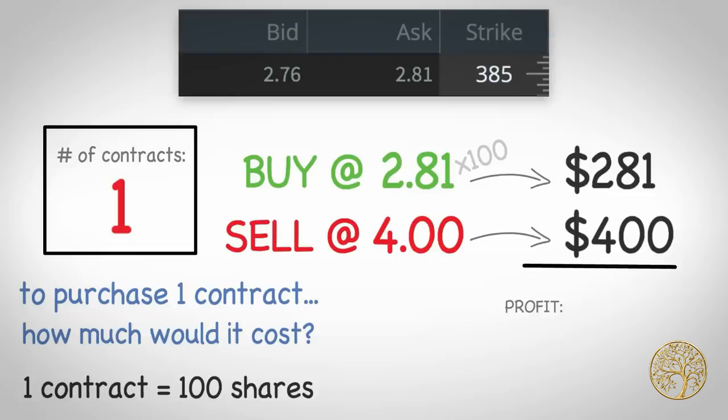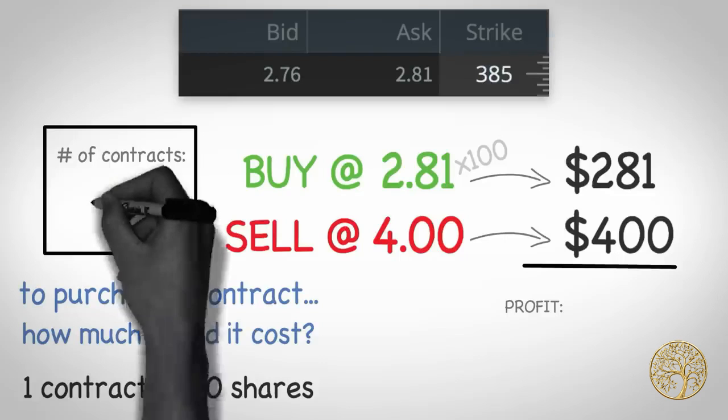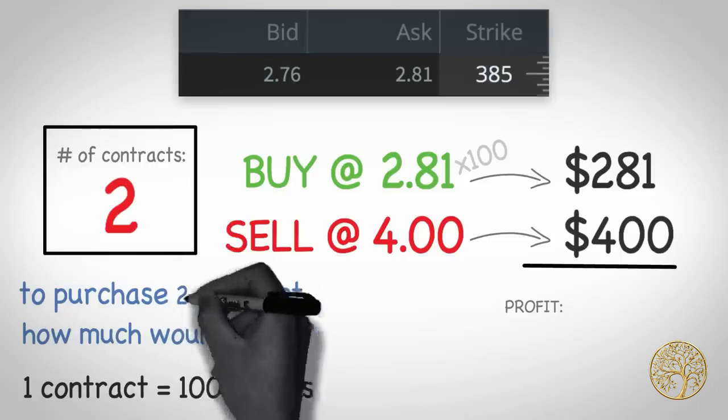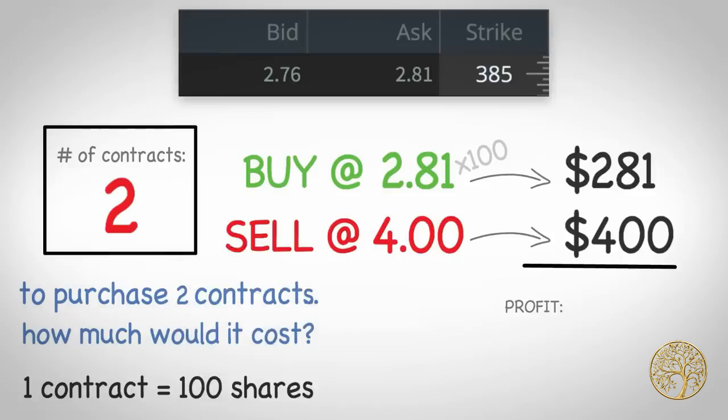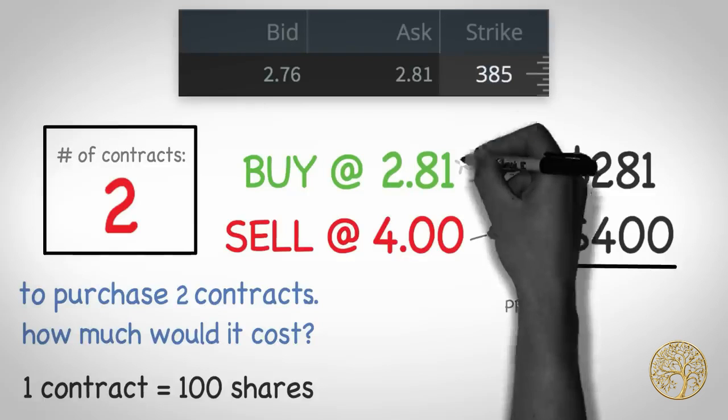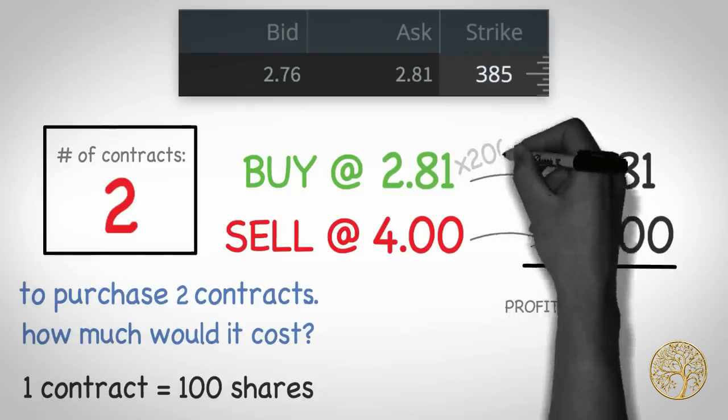Now let's look at one more example for practice. Instead of buying one contract of this call option at $2.81, let's say we wanted to purchase two contracts. The concept is the exact same here. We're just purchasing twice as many contracts. So if one contract cost us $281, then to find our cost of two contracts, we would simply just multiply that by 2.